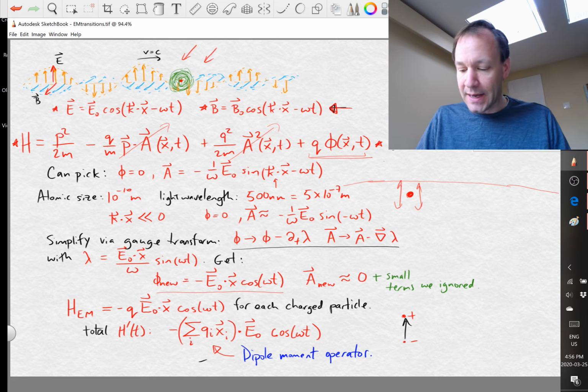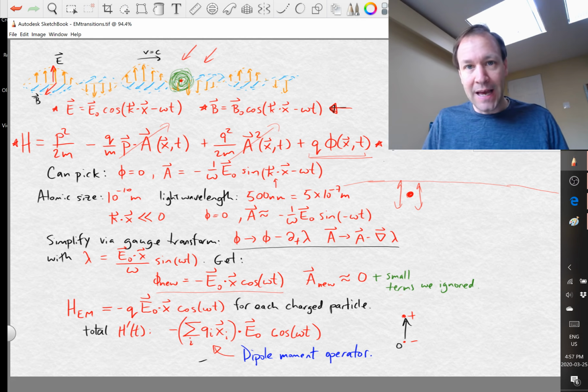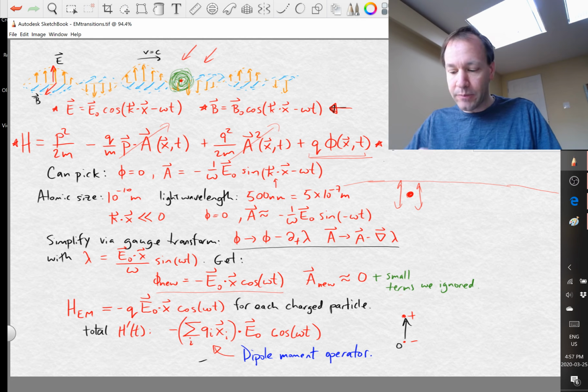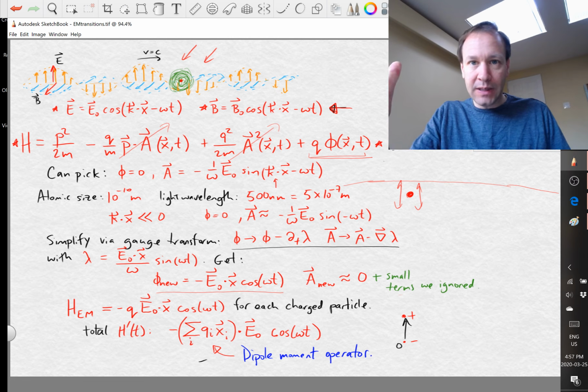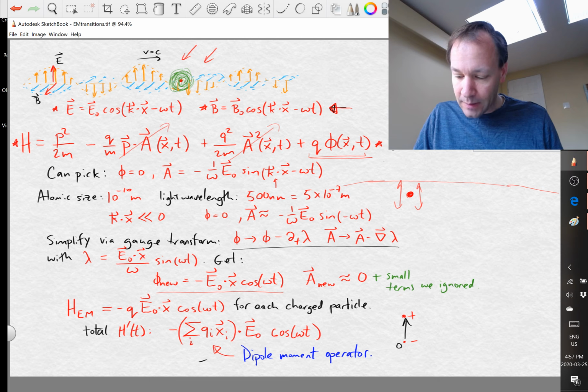For example, if we define 0 to be the location of the minus charge, then our vector is just going to point towards the plus charge, and the magnitude p will be equal to q times r.